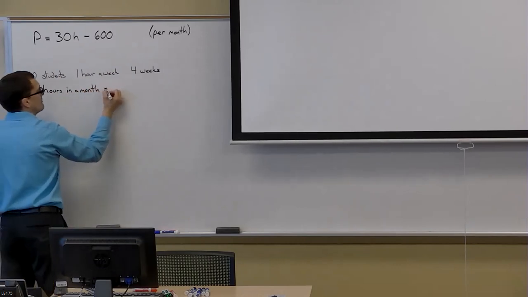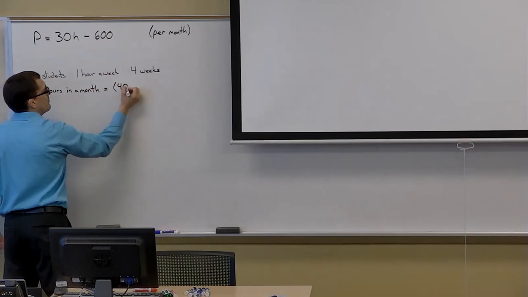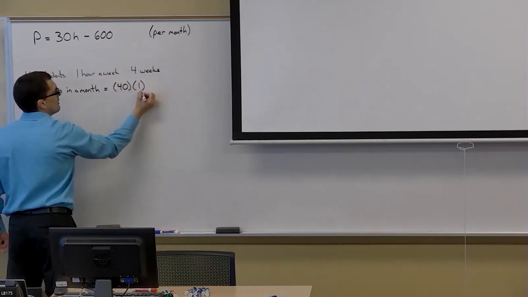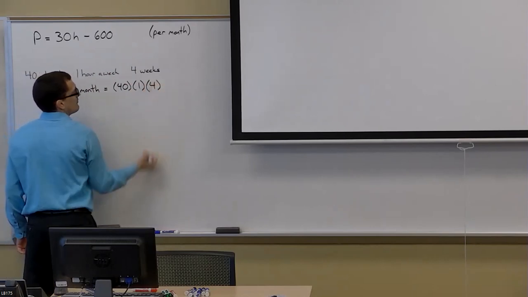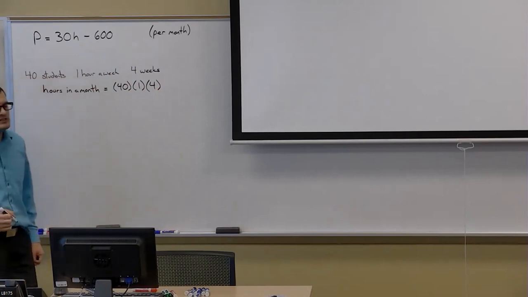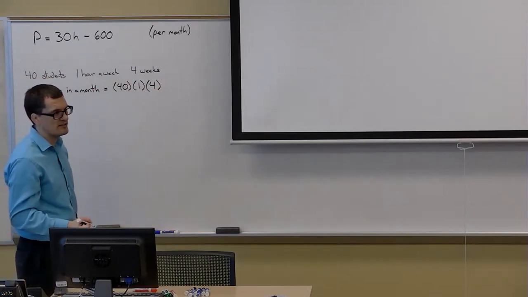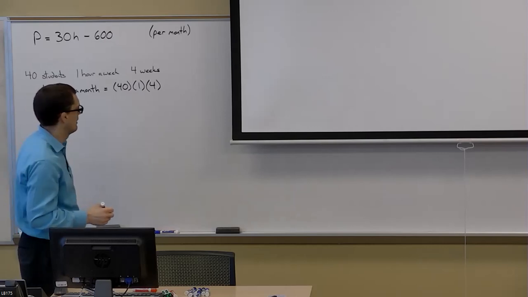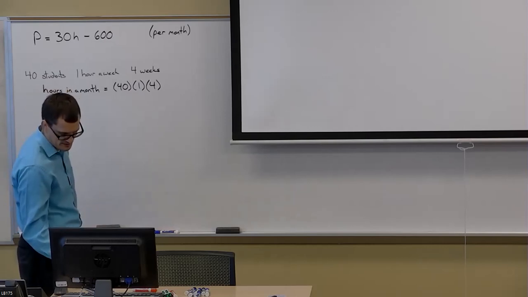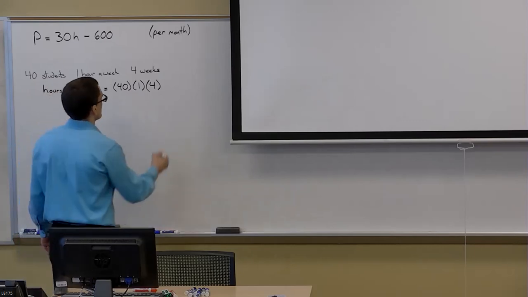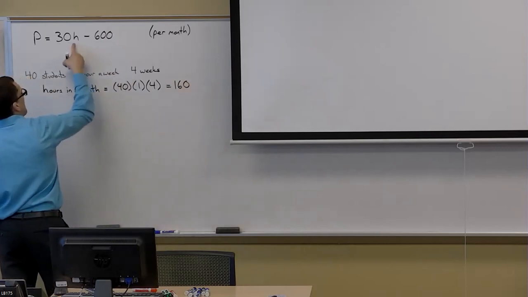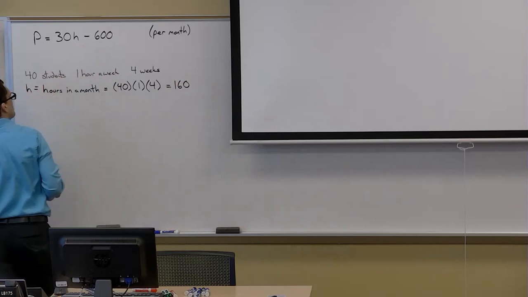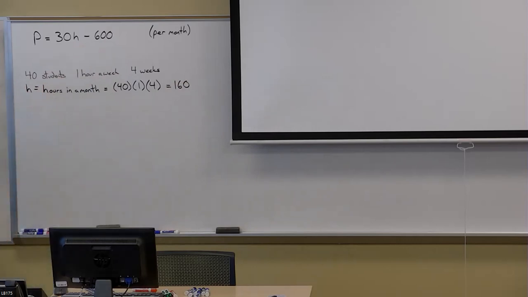Well, since there's 40 students, each one spends 1 hour, 4 weeks, we just multiply those all together. 40 times 1 times 4 becomes 160. And that's the H in our problem, right? The H was how many hours they spent tutoring per month.